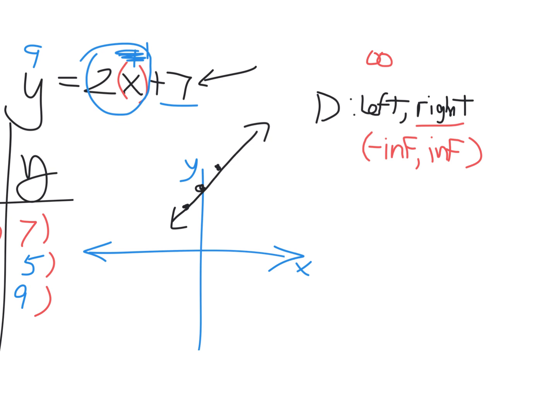All right, how about the range? Put an R, colon. If domain was left to right, what do you think this would be? Up and down, but it's weird. It's down, comma, up. And there's a reason for that.